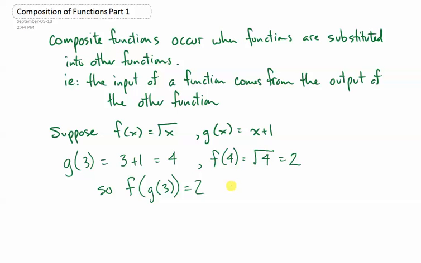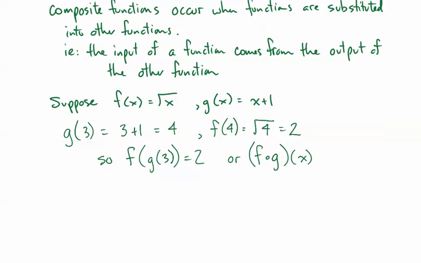This can also be written using another notation with a little circle, not quite as big as an O, or f of g of x, with the brackets. Both notational forms mean the same thing.